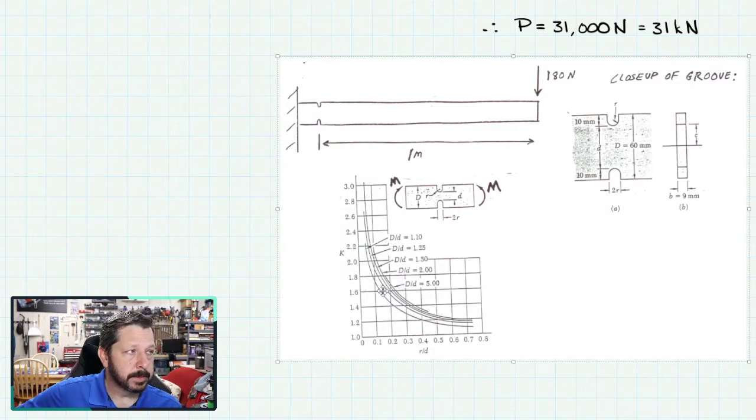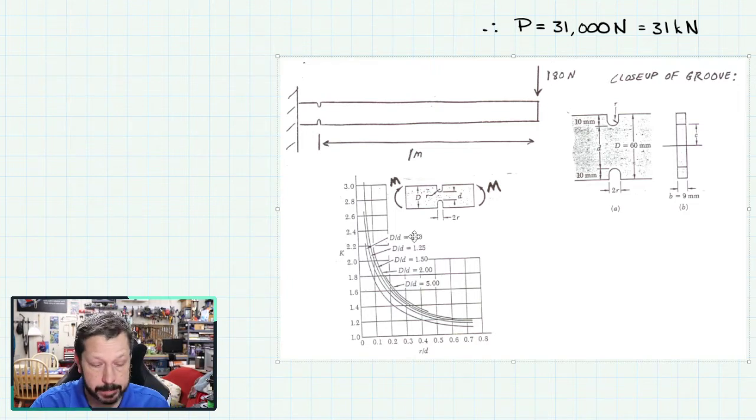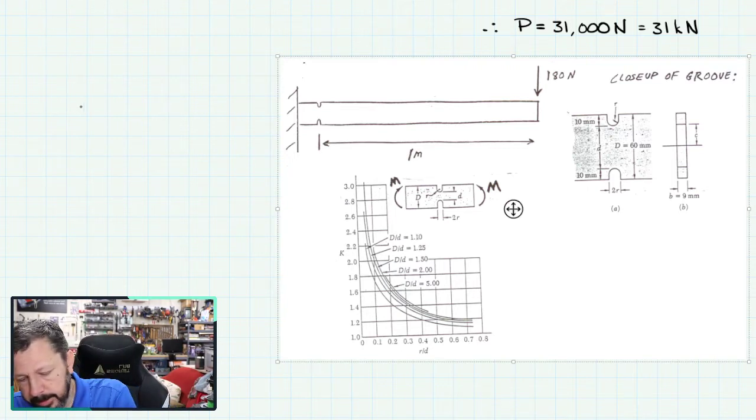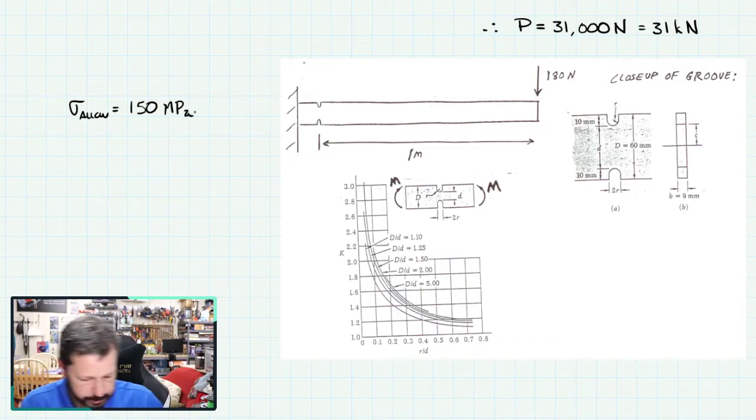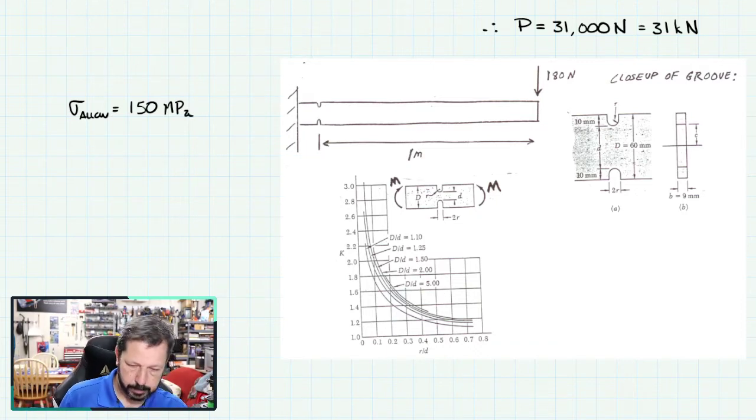They gave us the diagram that they want to use. And basically, we just need to back out what the radius of these little notches or these grooves needs to be, or can be, the maximum it can be. And we have the other detail that sigma allowable is 150 megapascals. Let me just check that to make sure I didn't misremember that somehow. 150 megapascals. All right.